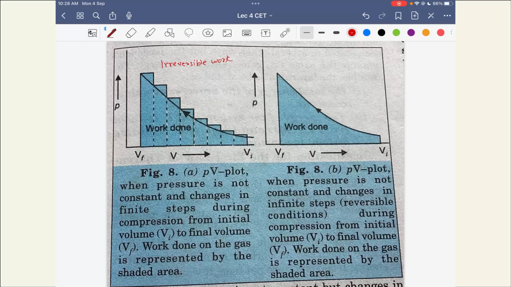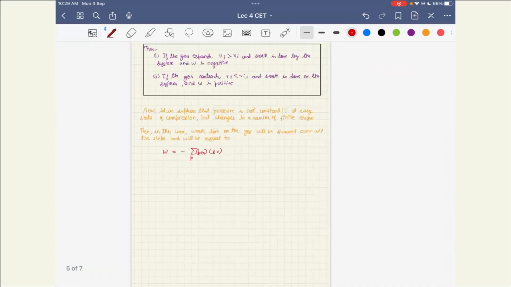So if the pressure changes in an infinite number of steps such that it is always infinitesimally greater than the pressure of the gas, then this is called reversible conditions. So let us derive an expression for this.